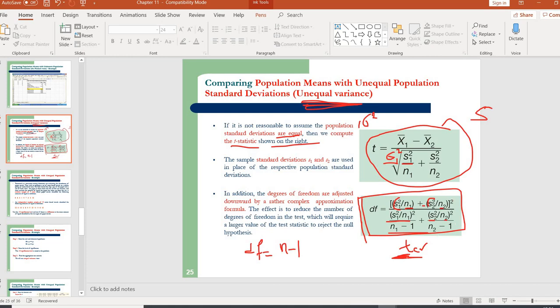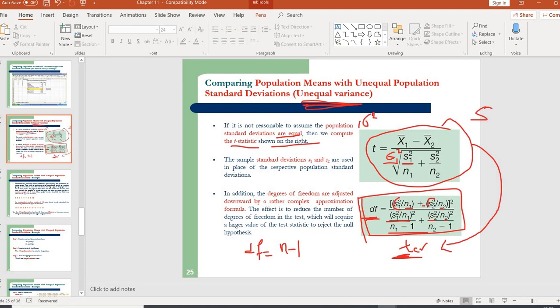By doing this calculation, we will know how many degrees of freedom we have in order to calculate the t critical value. Then we will compare the t statistic with the t critical value in order to decide whether we will reject the null hypothesis or not.